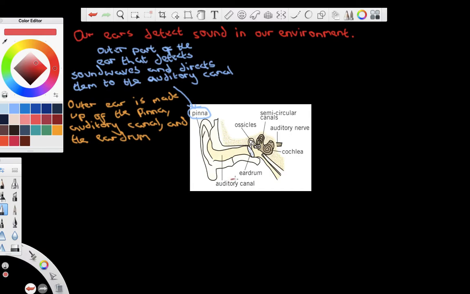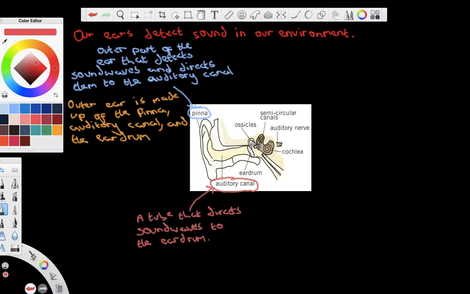So the auditory canal, we can say, is a tube that directs sound waves to the eardrum. So the auditory canal directs sound waves to the eardrum.